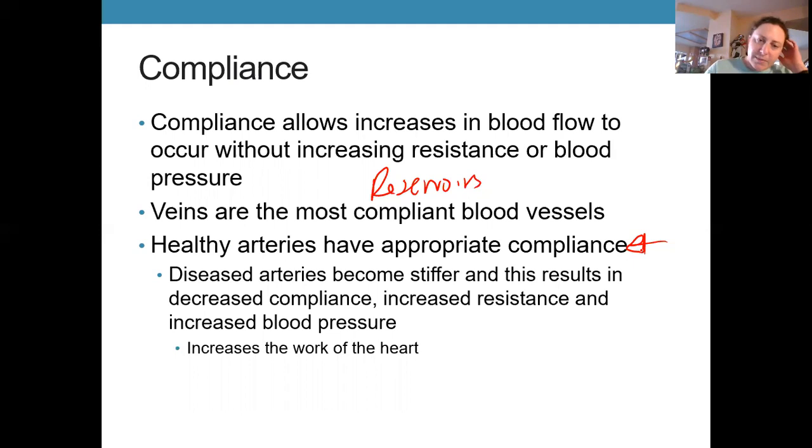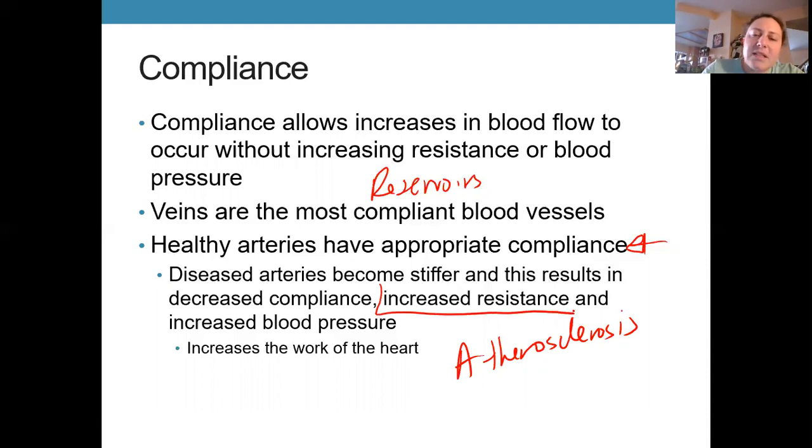Diseased arteries, typically ones with what's called atherosclerosis, where the walls of the arteries harden a little bit and become stiffer, this decreases the compliance. And because they're no longer able to expand to accommodate changes in blood flow or volume, we get more resistance, and that results in an increase in blood pressure.